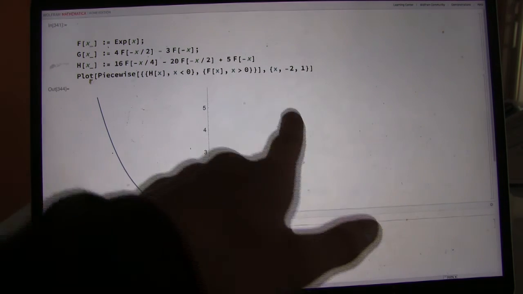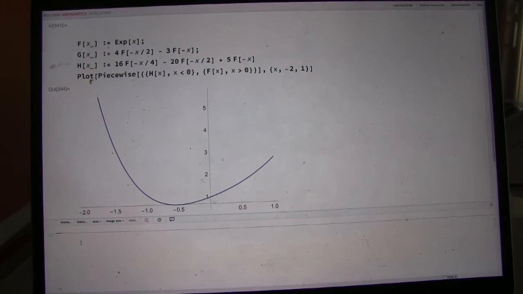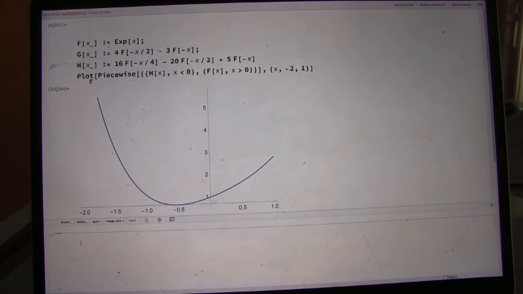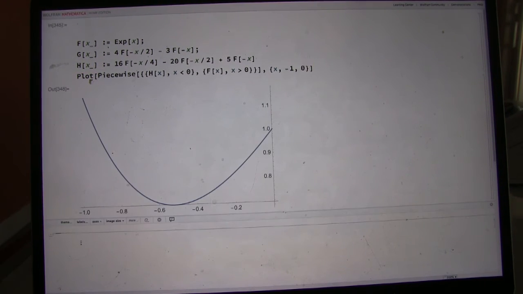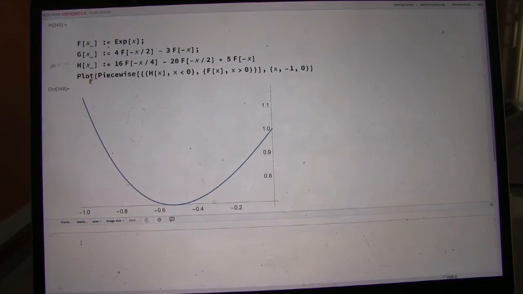You have e to the x still here, then you go down to 0, and then you go up. It's not quite 0 if you look at the scaling. Let's go from -1 to 0. It's 0.9, 0.8, a little bit below 0.7, but you're right, it definitely has a minimum. Most exponentials don't have that.